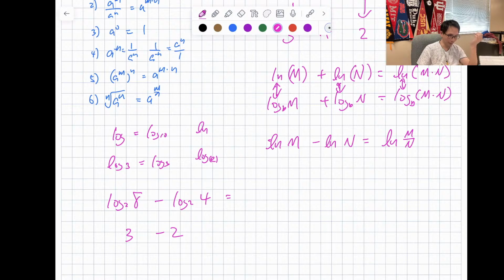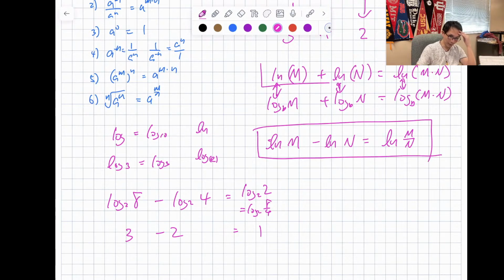So this has to be log 2 of 2, so it's 8 divided by 4, right? Which is also log 2 of 2. So this is the second rule, and this is the first rule. There are two rules: when they are adding, the thing inside the argument becomes multiplying.